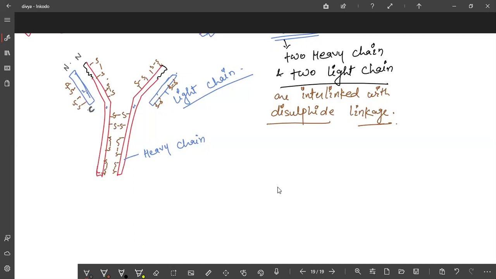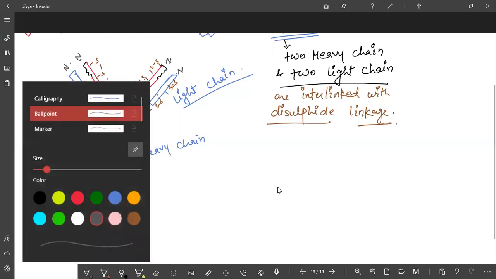And this is heavy chain. So here is N terminal and here will be C terminal. Again here you can write this is N terminal, and in light chain we will write here C terminal. Is it clear to you? So basically there are two terminals. One is called N terminal and another one is C terminal.